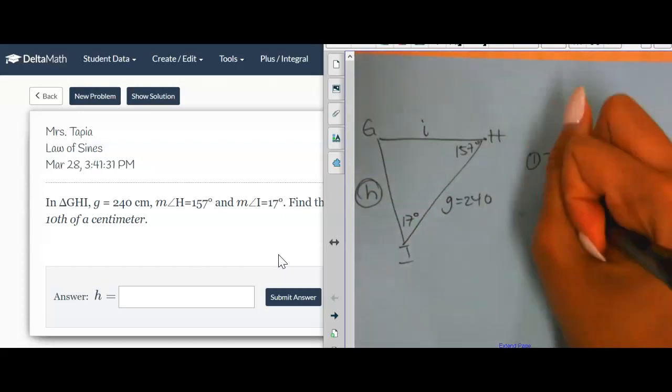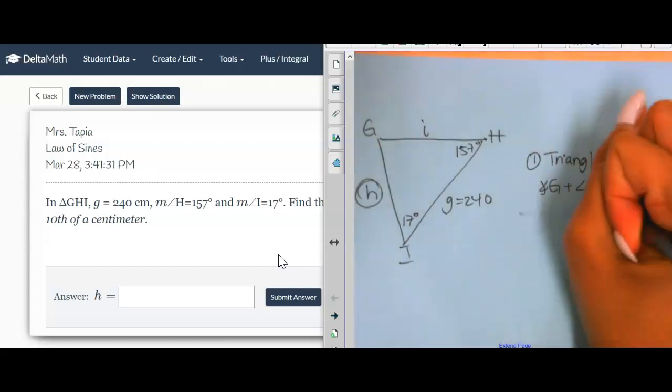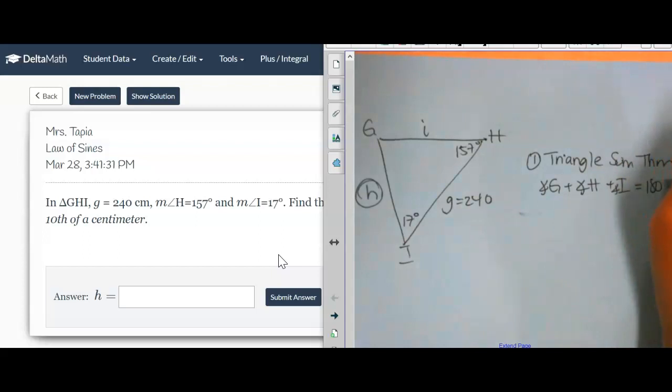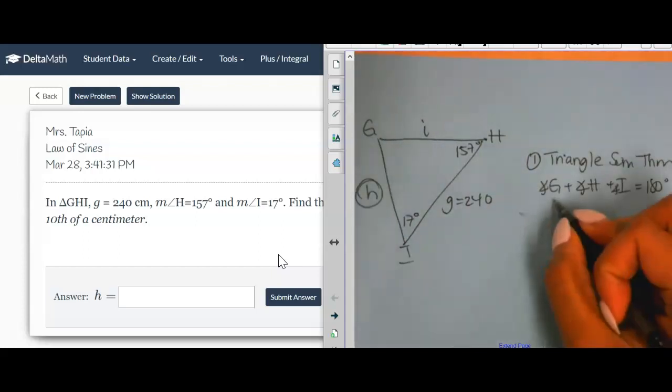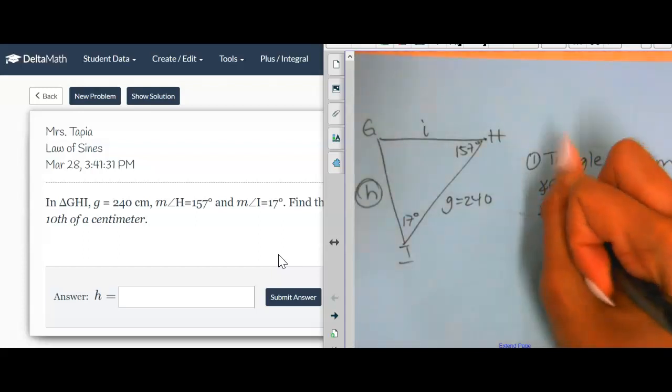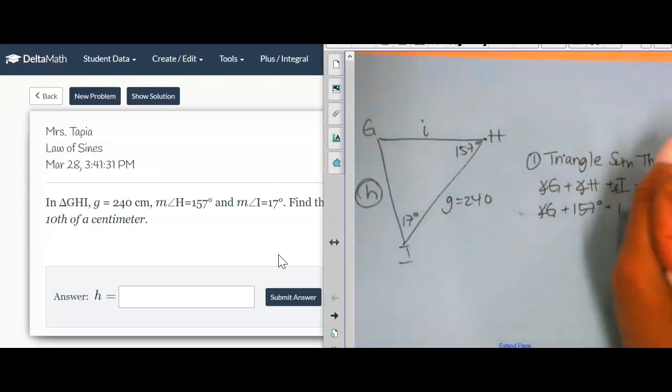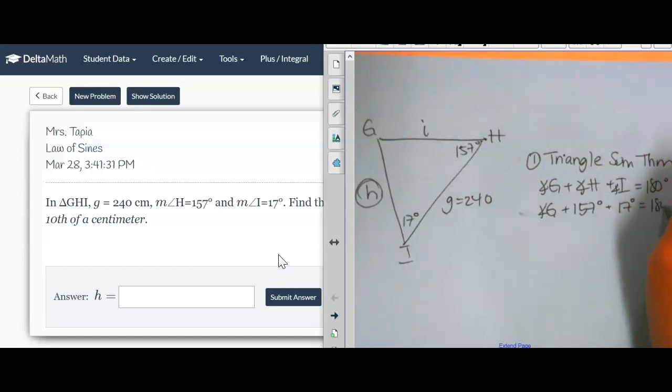We need to take angle G plus angle H plus angle I and set it equal to 180. So we're going to take G, which is unknown, plus 157 plus 17 and set it equal to 180. You don't need any fancy calculator for that.